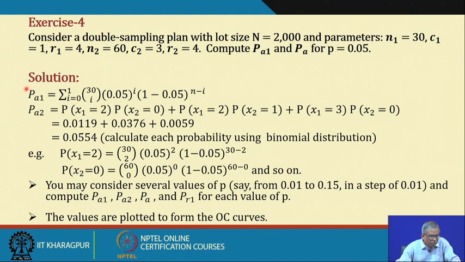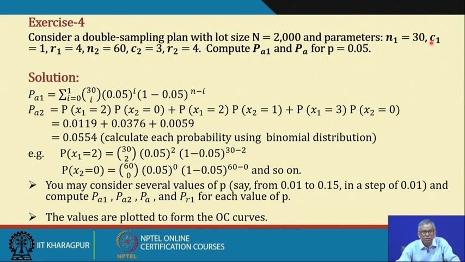So how do you compute PA1? PA1 is the sum over i equals 0 to c. Here, as you consider the first sample size, the acceptance number is 1.